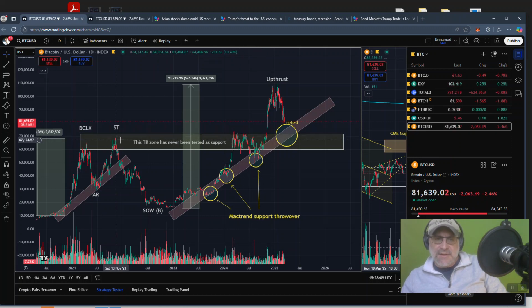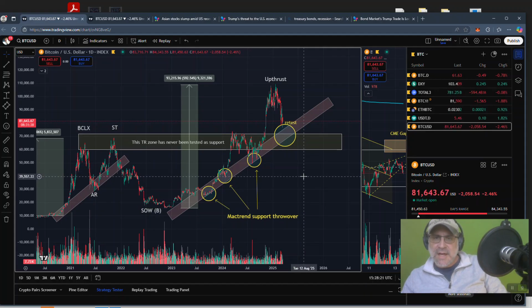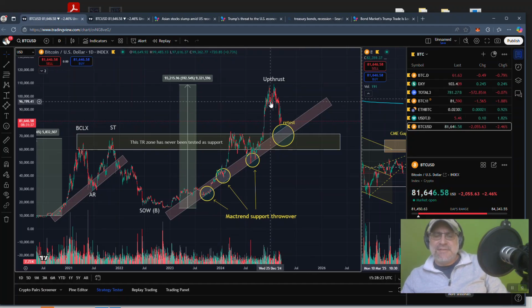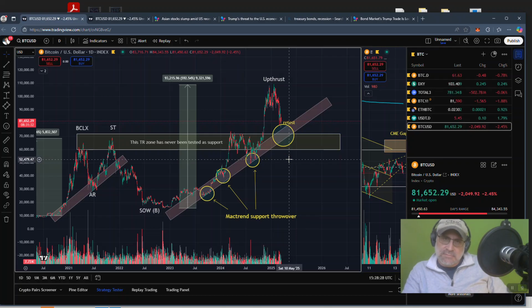This whole area, this resistance area, has never been tested for support. It's never been tested from the top down for support. Okay? So I think, I suspect, now again, I don't have a crystal ball. I don't know the future.